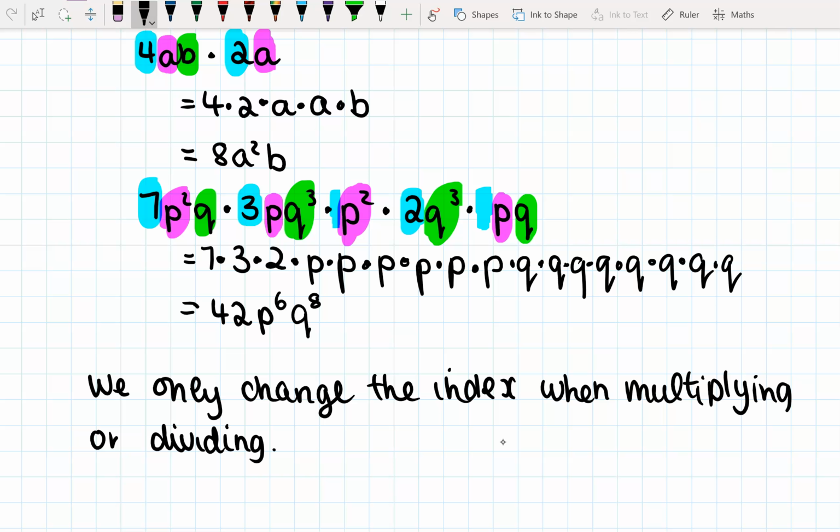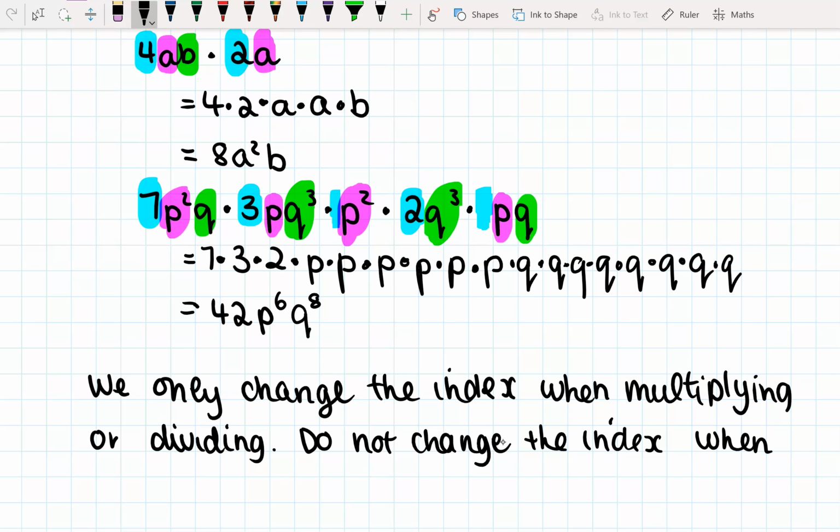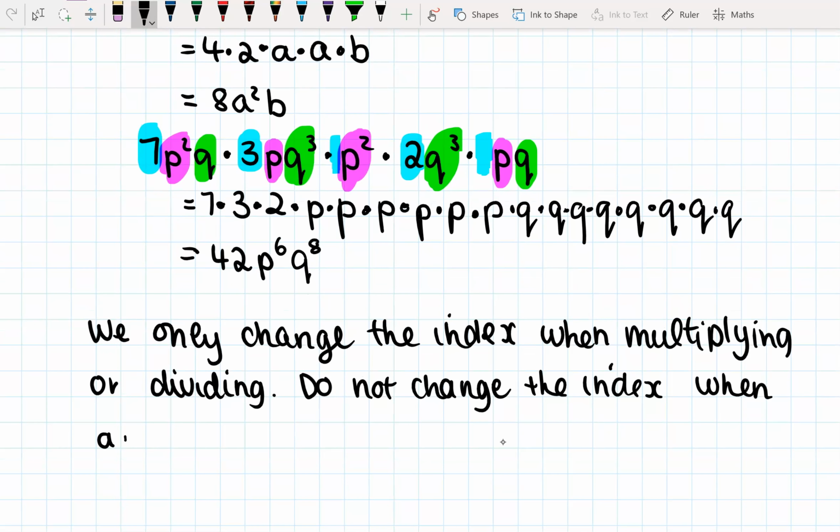We don't change our index when we add or subtract. So do not change the index when adding or subtracting. And I'm going to give you a quick example.